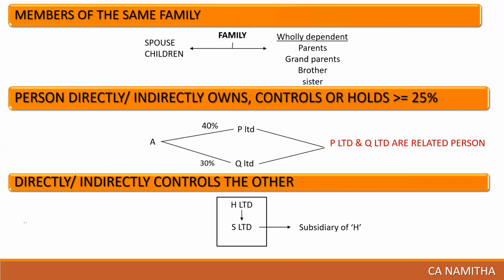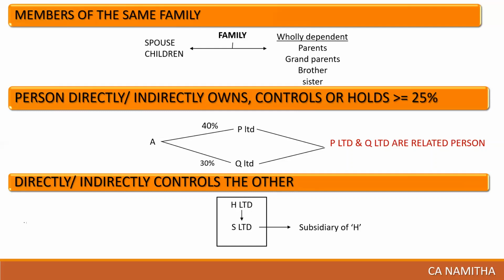For example, if A holds 40% shares of P Limited, and he also holds 30% shares of Q Limited, then since both are more than 25%, it can be concluded that P Limited and Q Limited are related persons.